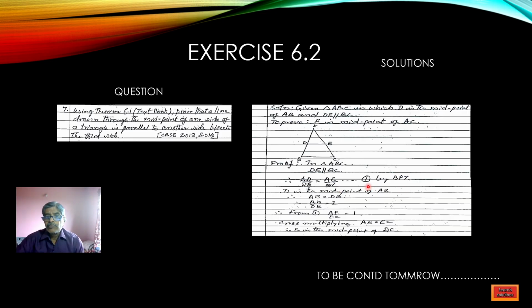We will call it as 1 by basic proportionality theorem. So D is the midpoint of AB, which is already given. Therefore, AD is equal to DB. Therefore, AD by DB is equal to 1. So from 1, AE by EC is also equal to 1. So on cross multiplication, AE is equal to EC and E is the midpoint of AC.